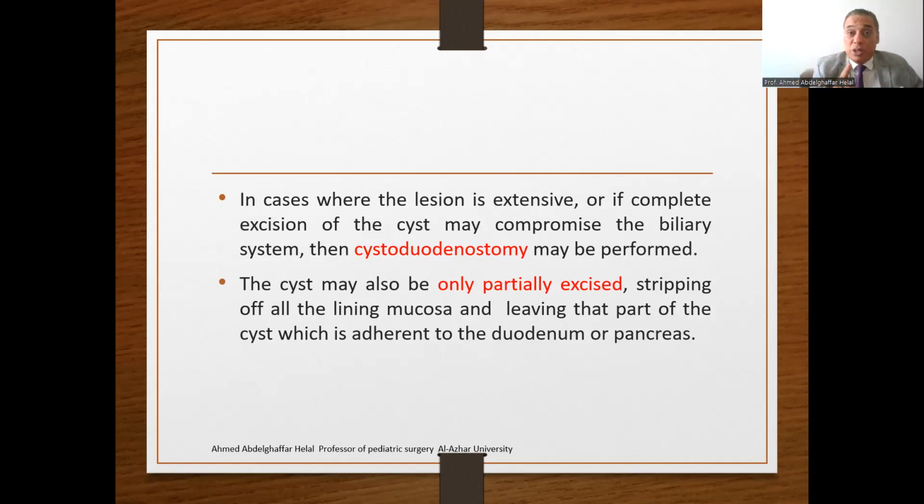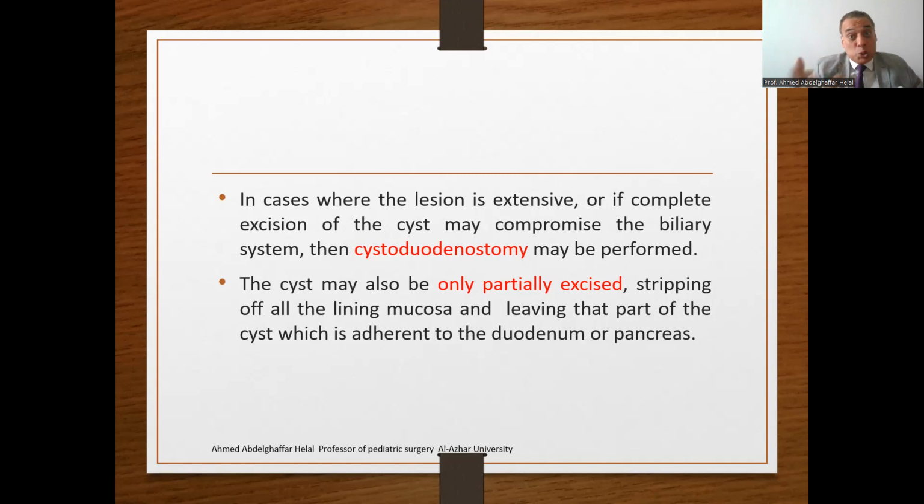It is very important to consider all the options when you plan surgery in this delicate area. You need to remove the duplication. However, you must not injure the duodenum or the pancreatic ducts.